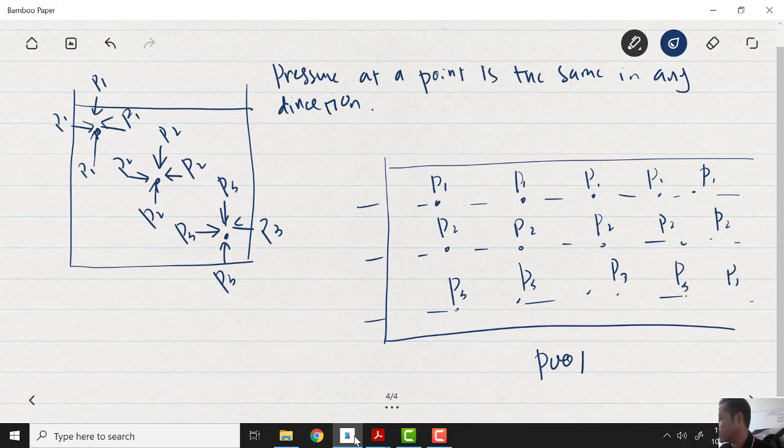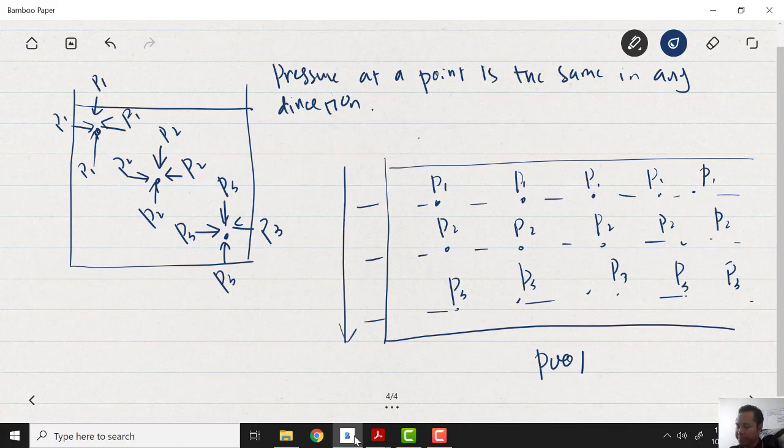Pressure at any point on the same horizontal line is the same, but different in the vertical direction.